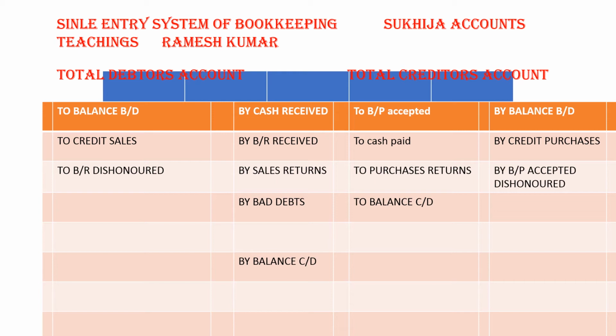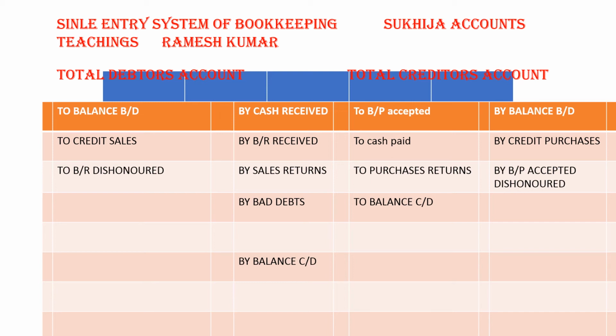And credit sales we need for our trading profit and loss account, because in trading account we show total sales, cash sales plus credit sales.